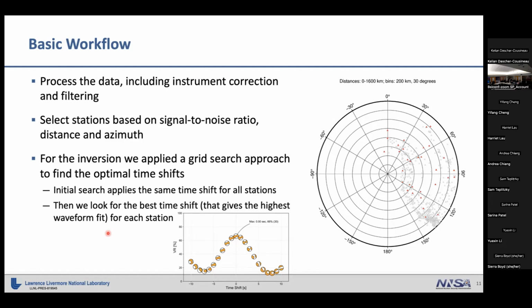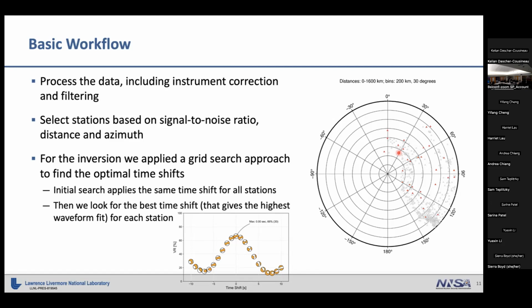For each of these quadrants, I select the station with the highest SNR and include that in the inversion. Even then, you still come down to anywhere from 30 to 60 stations, which we typically don't have the luxury of, but in the Western US there is a lot of good coverage.